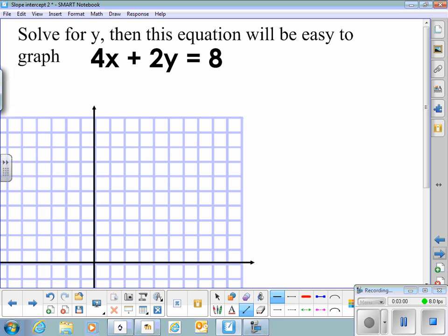Sometimes we get equations that are not in the form that's so easy to graph with an intercept and a slope like those last ones.